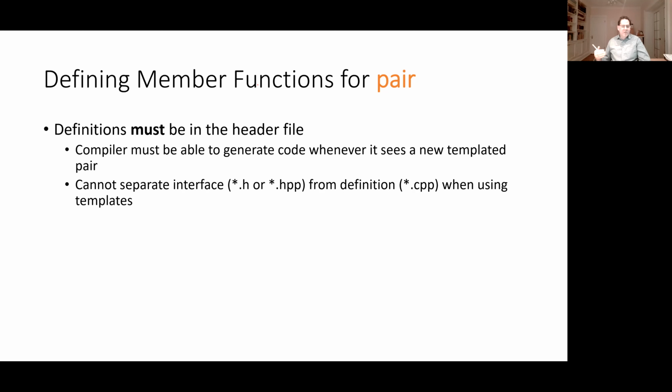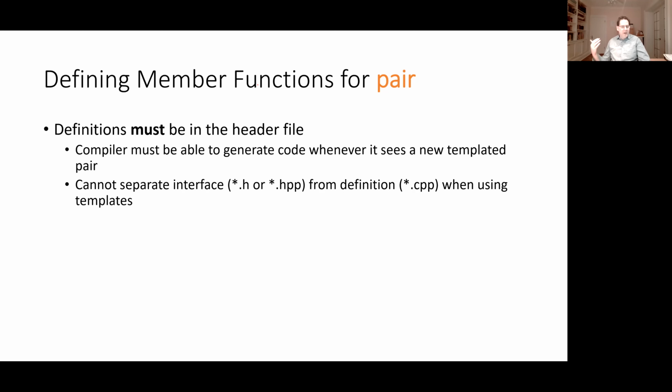Because the compiler has to be able to generate many different versions of the class I just wrote. That's really a recipe. It's not really a class. It's a recipe for making classes. It needs to have everything in the header file so that as it's scanning your C++ code, if it sees that you want a pair of string and int, it knows, okay, I better start making versions of pair for that.